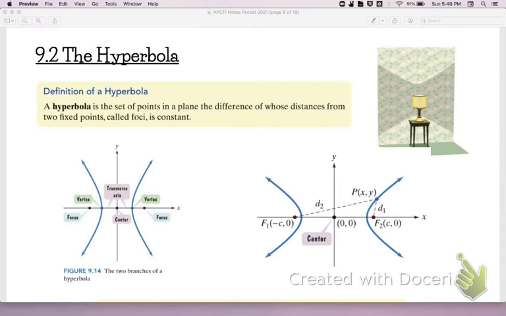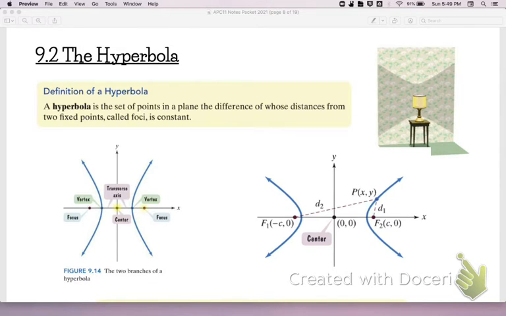We need to talk about the anatomy of a hyperbola, just like we did with the other conics. A hyperbola can be horizontal, where the branches open to the left and the right. Both of these here are considered horizontal. It would be vertical if it opens up and down. We measure it from the center, just the same way that we do with a circle and an ellipse.